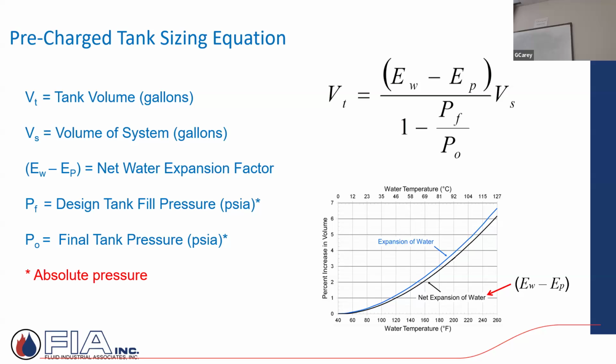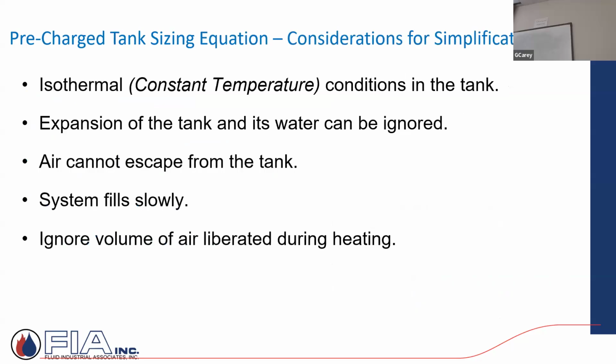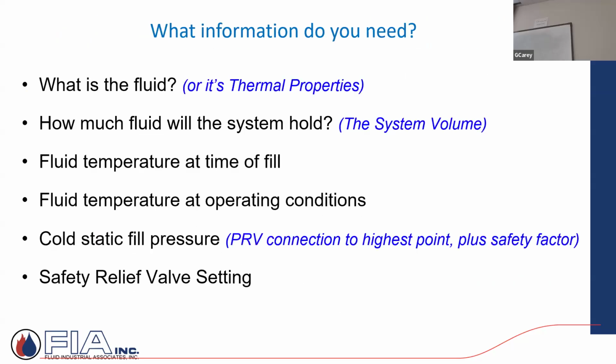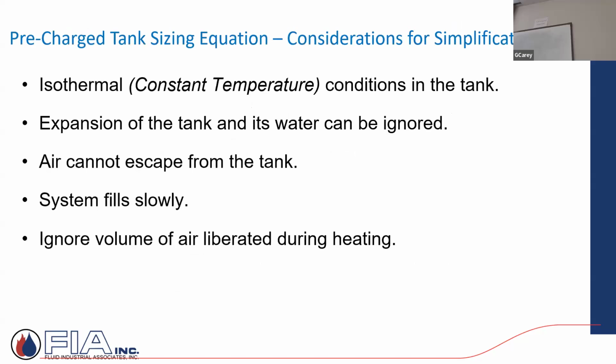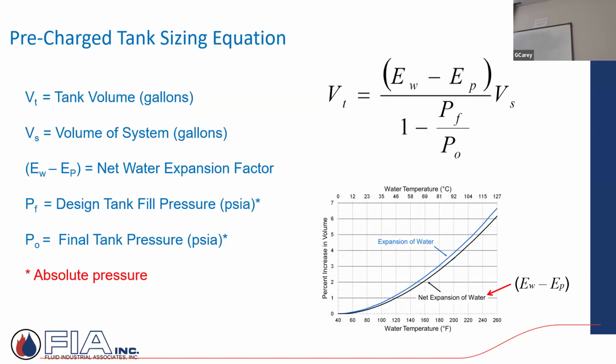And that's why I want to know what we started here. Temperature at operating conditions is what's going to influence the expansion volume. How hot does the water get? And then fill pressure and final tank pressure, which is really a pressure just below the relief valve. So I keep the relief valve closed.